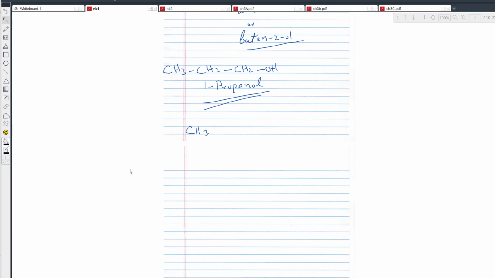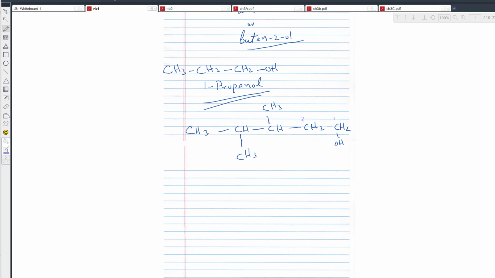For example, I am writing this one: CH3, CH, CH3, CH3, CH, and CH2, CH2OH. So what will the name of this compound be?